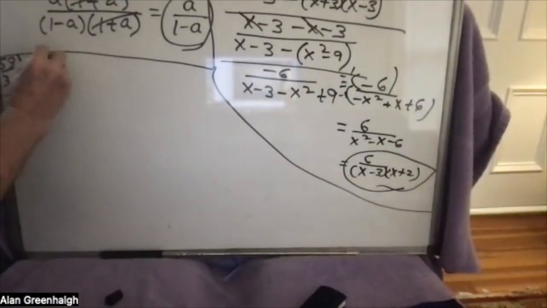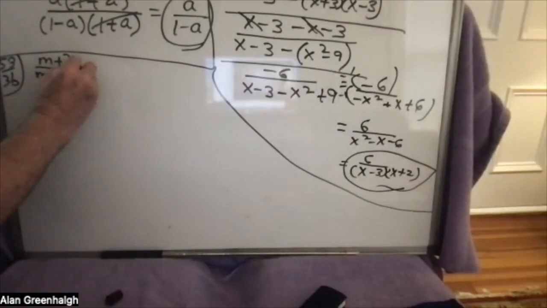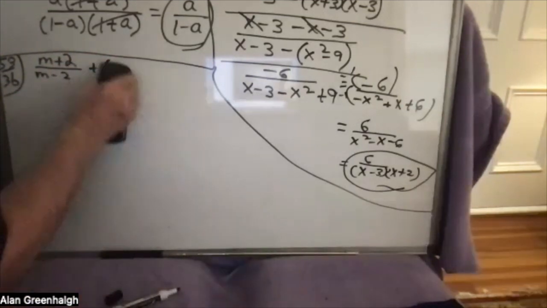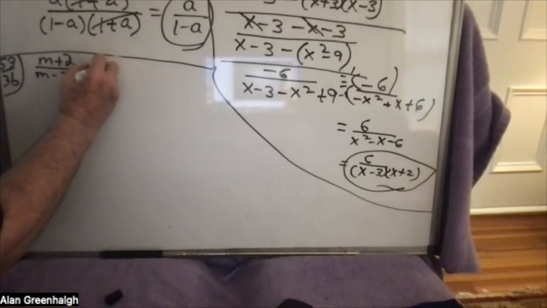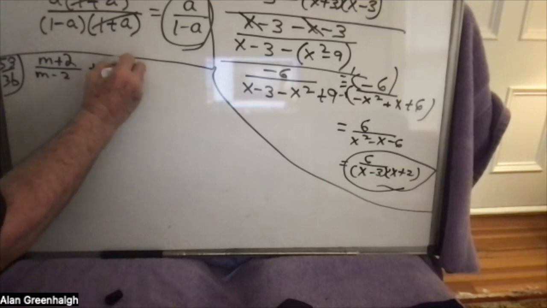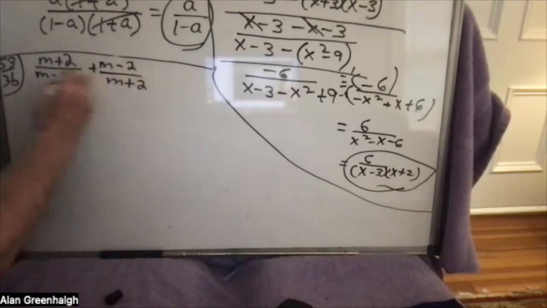So m plus 2 over m minus 2 plus, I don't know why I put parentheses because I may not need that, but I'll just put that there, m minus 2 over m plus 2.